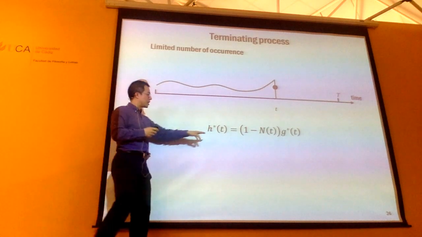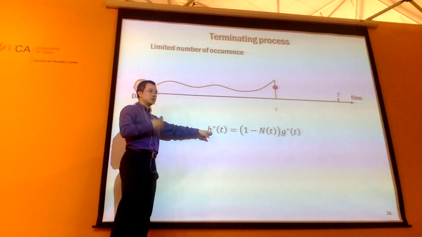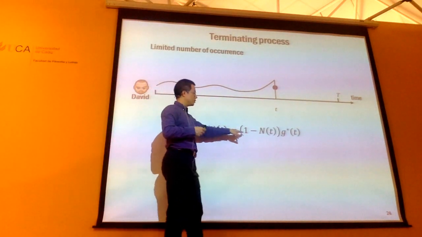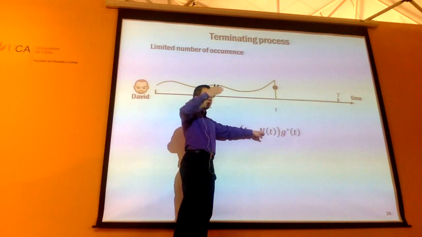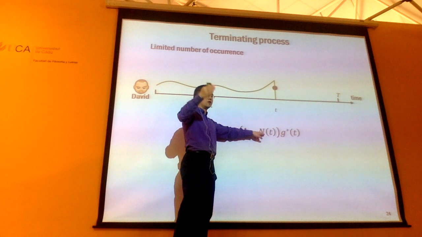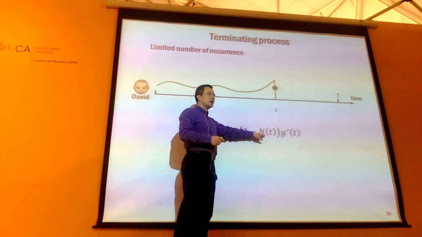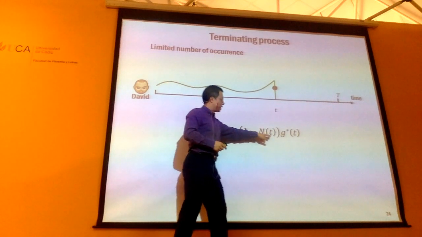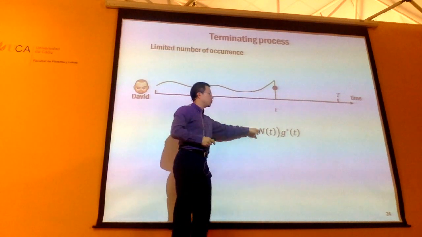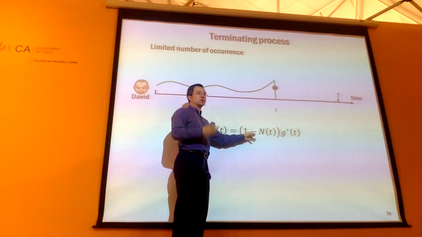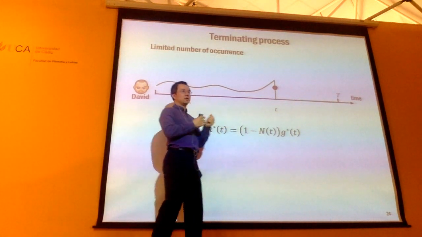So the way you parameterize this intensity function in this particular setting is you're going to look at this count, right? This counting process, counting the number of events that have already occurred for the particular person. So you see whether it's 0 or 1. Okay, if it's 0, then you are going to generate an event according to this intensity function. If it's already 1, the difference is going to be 0. It's going to zero out the intensity.